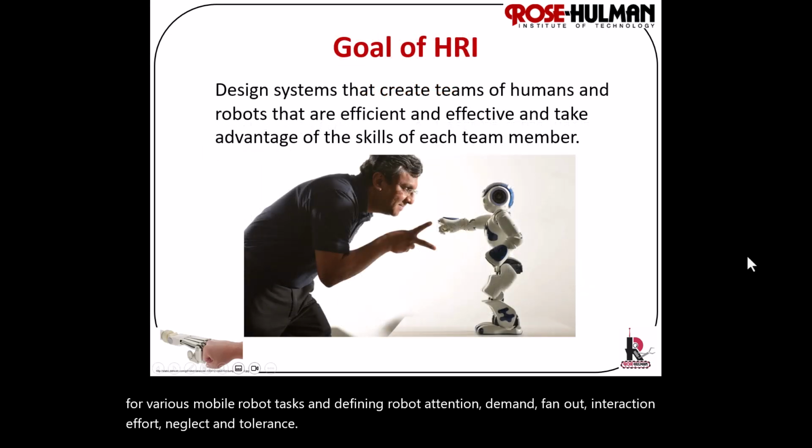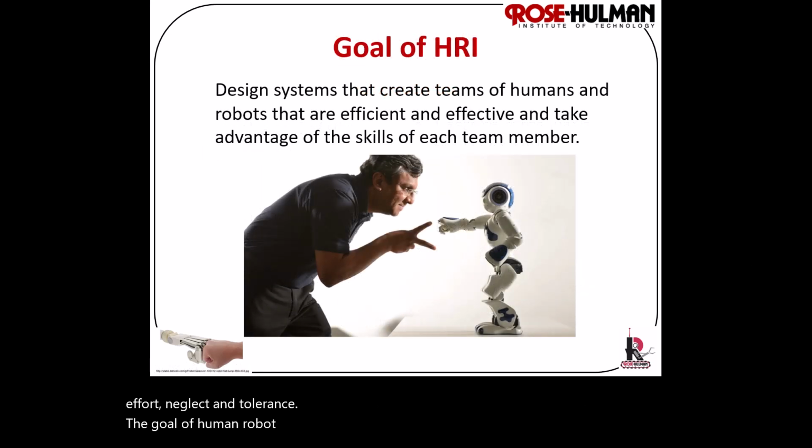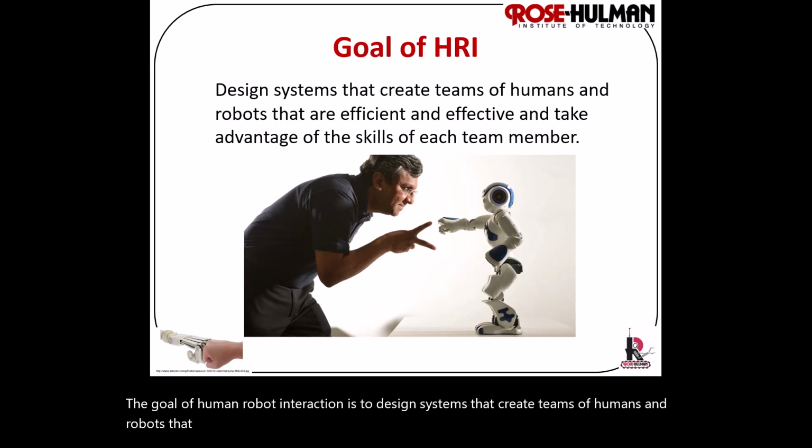The goal of human-robot interaction is to design systems that create teams of humans and robots that are efficient and effective and take advantage of the skills of each team member.